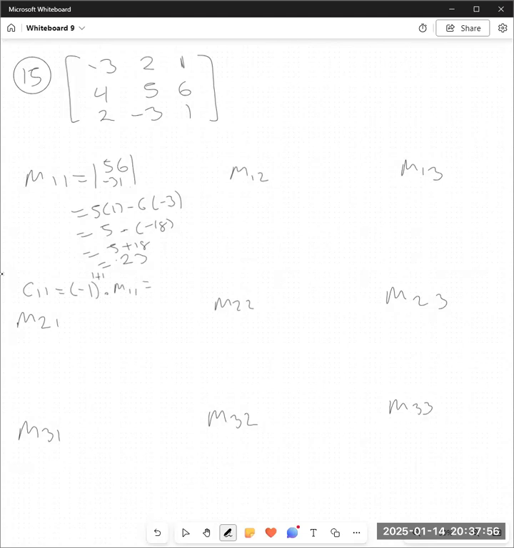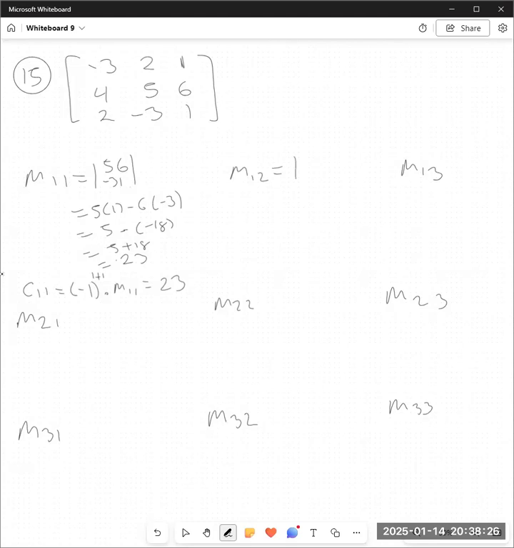So that's going to be -1 squared, which is 1, times 23, which is just 23. So some of these will change sign, some of them will not change sign. To find the cofactor, if the sum of the row and column is odd, it will change sign. If the sum of the row and column is even, it will not change sign.